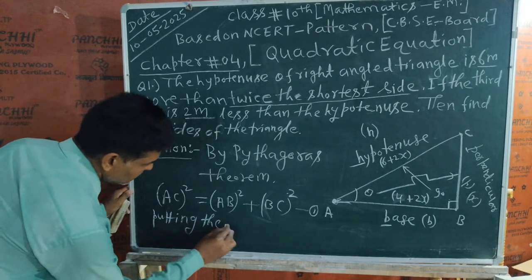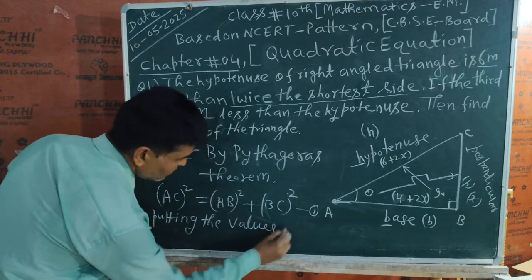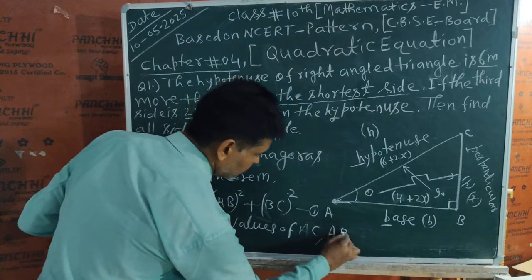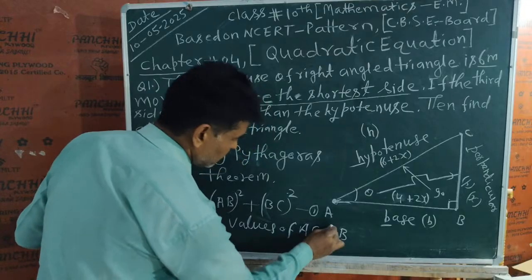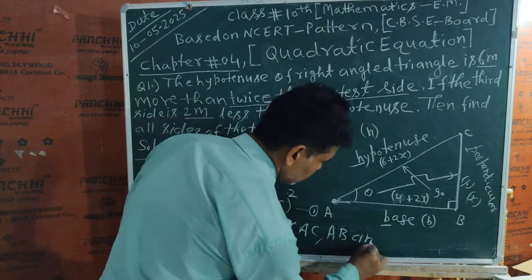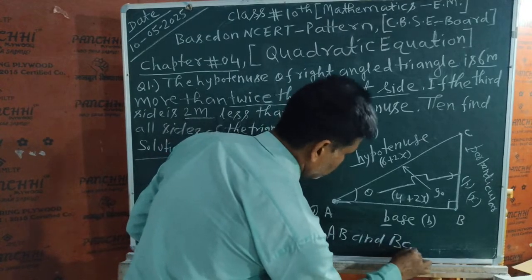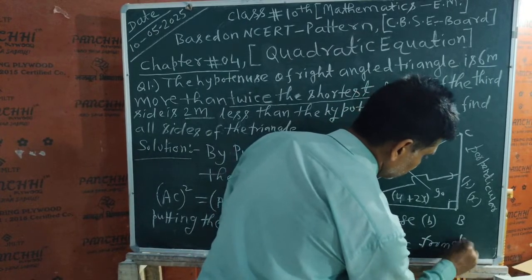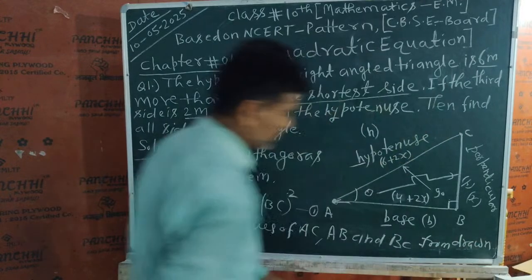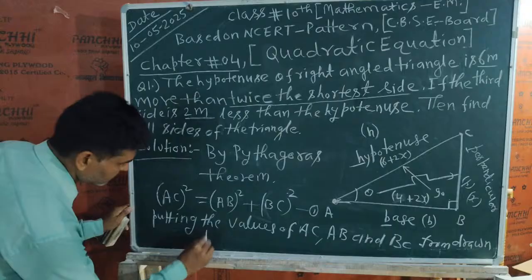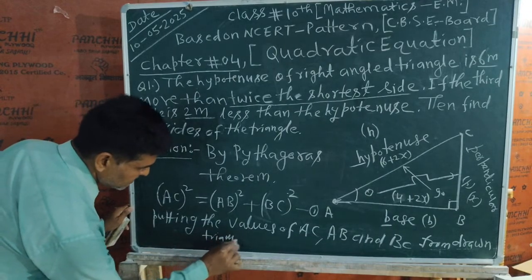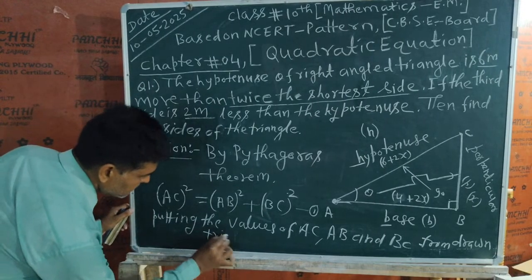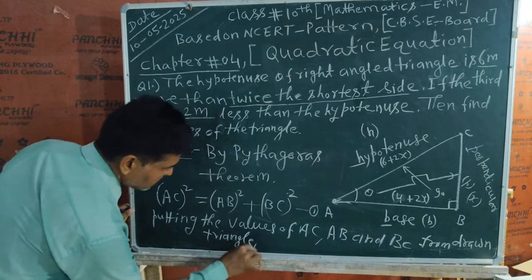Putting the value of AC, AB and BC from drawn triangle, we get.